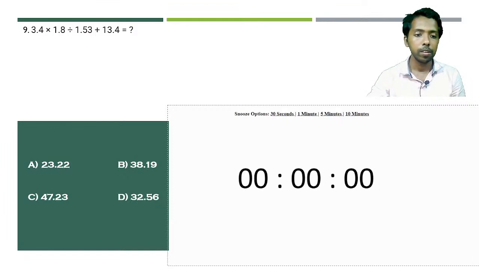Okay, so here's the multiplication, right? Decimal multiplication. So this is 3.4 and this is 0.8. 0.8 means what? 0.2 less than multiplied by 1.